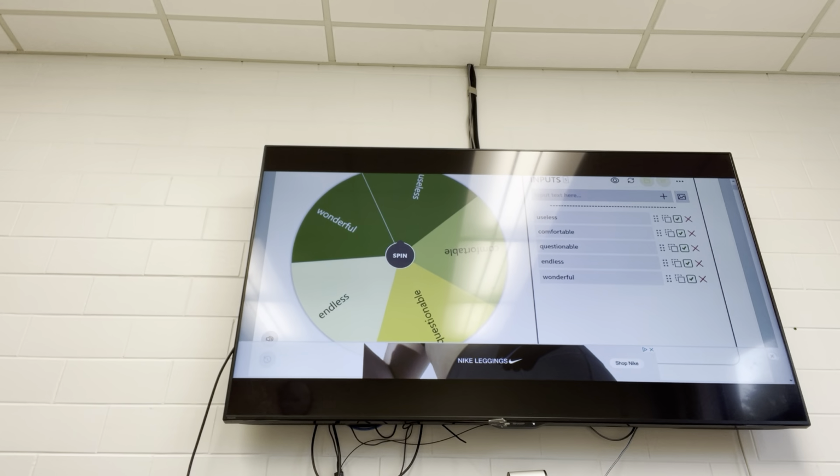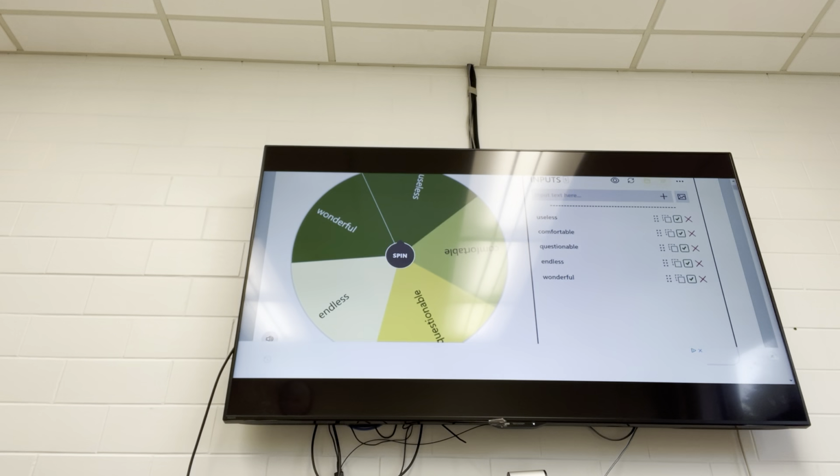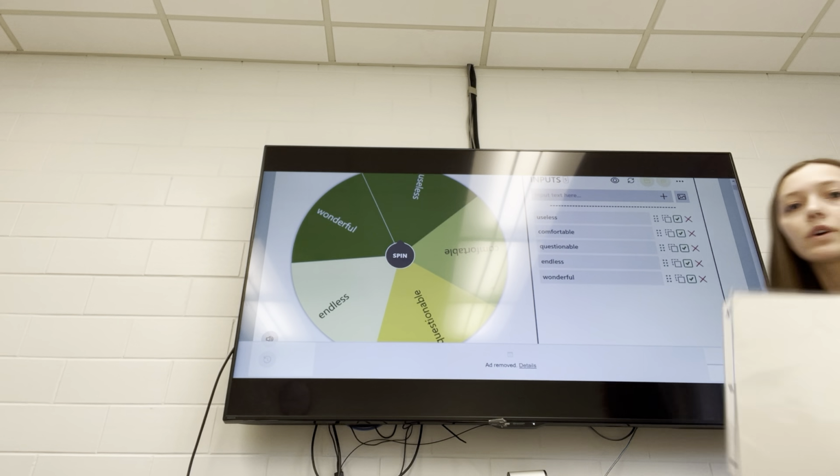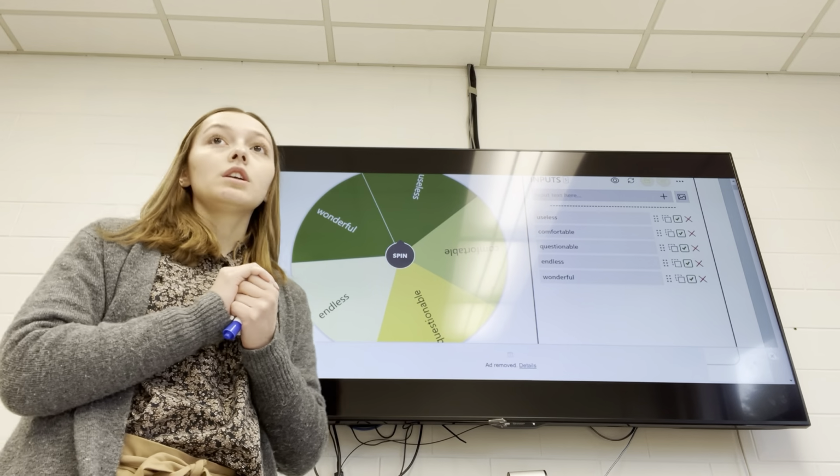Okay, so this game works by me spinning the wheel and we're going to write down the word that the wheel picks, okay? So I'm gonna spin.